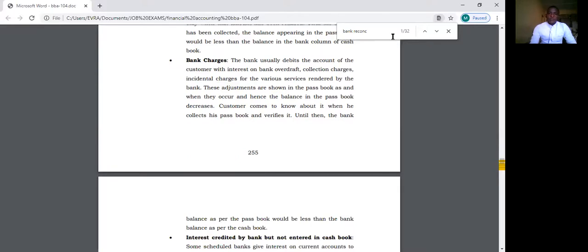When it comes to bank charges, what I want to explain to you is that those are amounts of money the bank charges to their customer because of services you have asked of the bank. Because of opening a business account, the bank is going to charge you some fees.